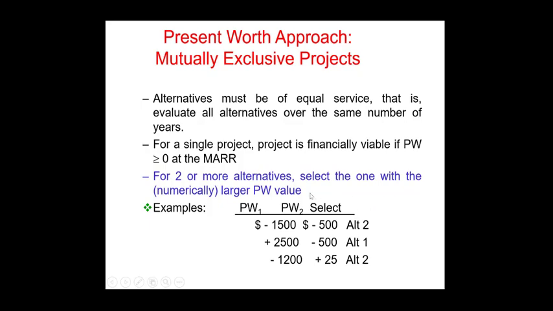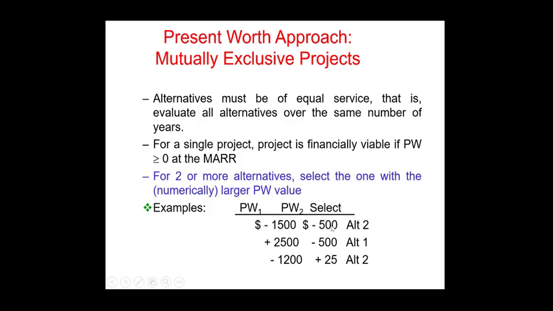Okay. For example, here, when we compare the 2 alternatives here, minus 1,500 and minus 500, minus 500 is larger than minus 1,500.